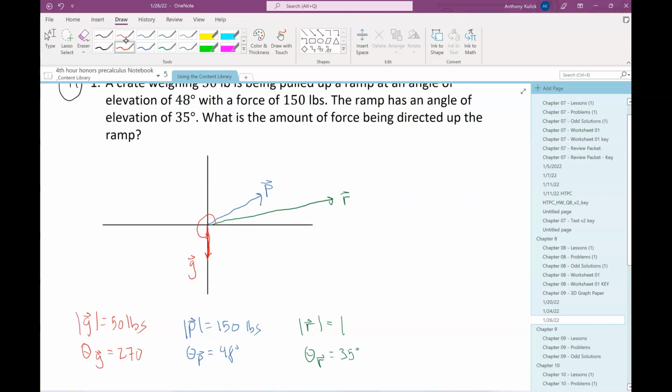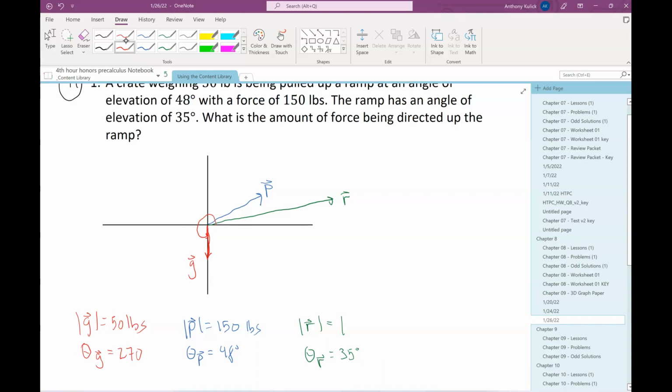So far, so good? Okay. Now, in this problem, both gravity and the pull are interacting with the ramp, are putting force into the ramp. So we have two options here as to what to do.